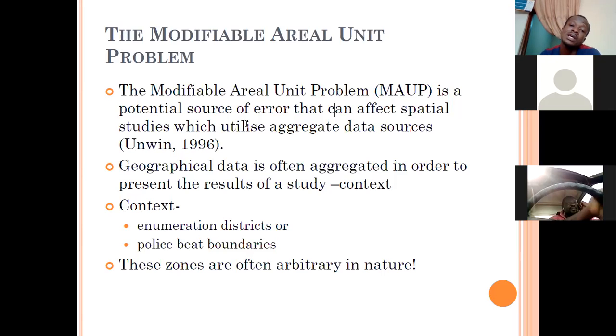In other words, the way that Africa was, for example, divided up, that is what the modifiable area unit problem is about. The way the regions in Ghana were divided up, we heard about the Western Togoland issue. It's got something to do with the modifiable area unit problem.